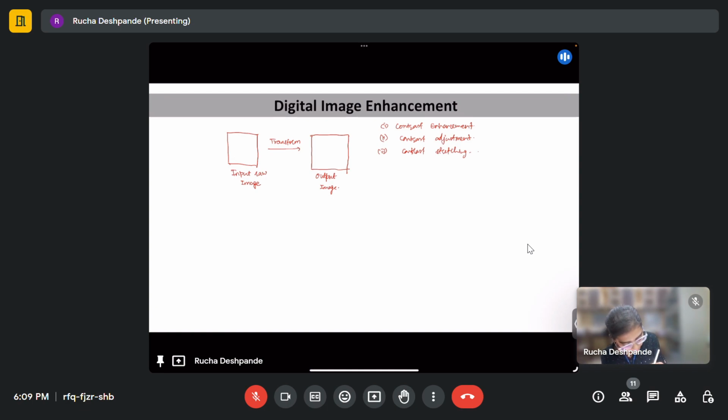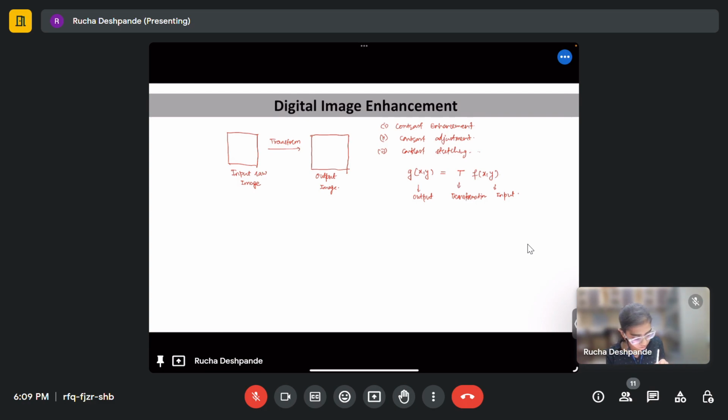Mathematically we can write it as g of x comma y is equal to T of f of x comma y. So this is the output function, this is the transformation function, and this is the input function.